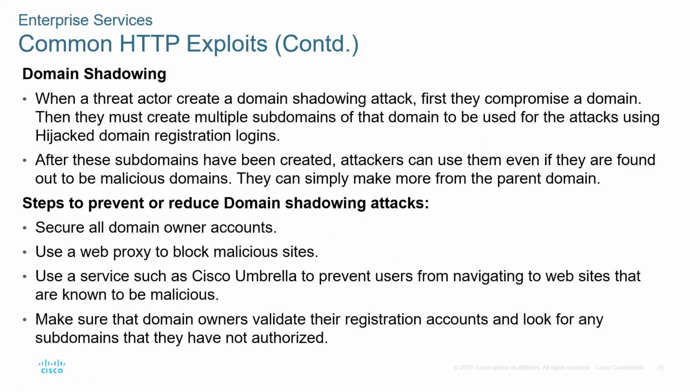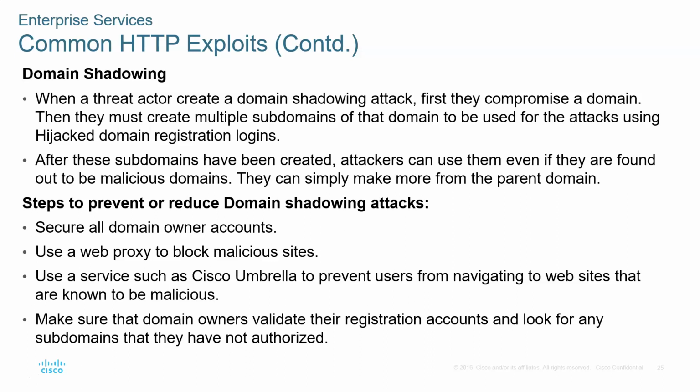Domain shadowing, right? We discussed this a little bit earlier. Write this down. With domain shadowing, you may compromise a domain and then create subdomains in it, right? And for those subdomains, when you type, for example, cisco.com/blah blah blah, you go into that website or server that's somewhere else at the attacker's end, and you think you're in the Cisco server, but you're not.